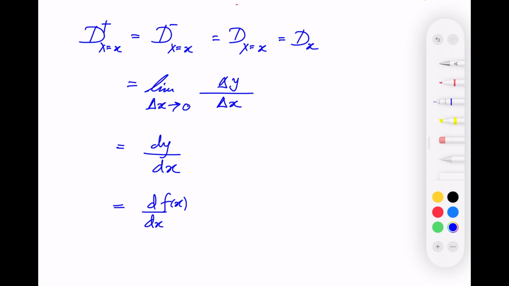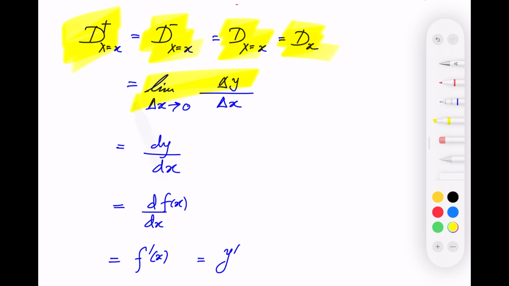In addition to that, if your original function is f of x, the differentiation is often written also as f prime x. We know y is equal to f of x. So when you say f prime x, you can also write it as simply y prime. So these are all widely used symbols to say we have differentiated the function f of x.